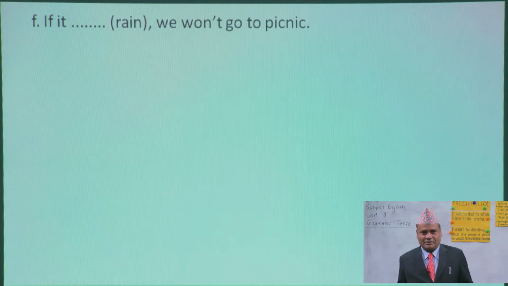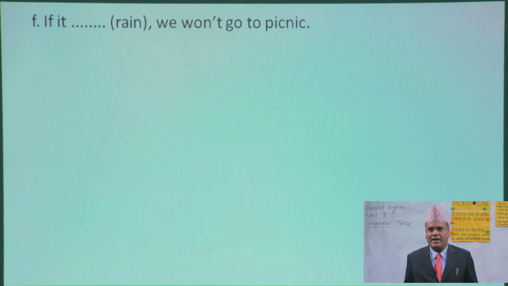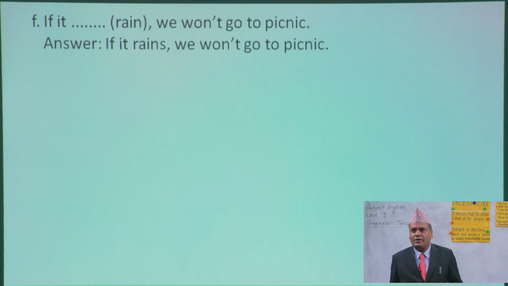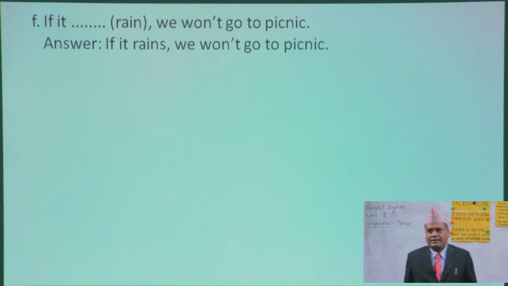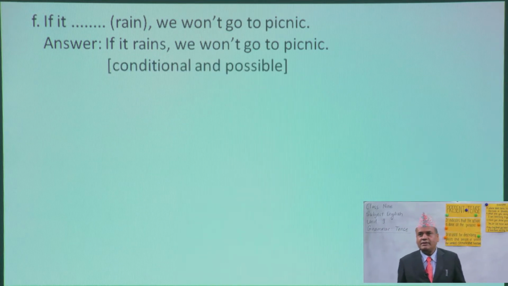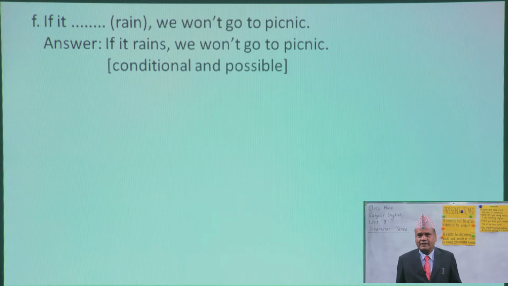So, it happens. There is possibility, okay? So, in this case, we use, if it rains, we want to go to the picnic. You can see, right? Rains, because the subject is singular. So, we use s with the verb. If it rains, we want to go to the picnic. And the condition is conditional and possible, right?